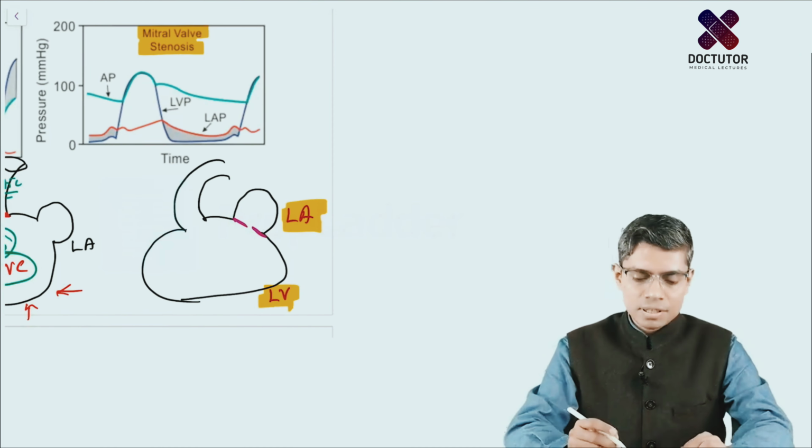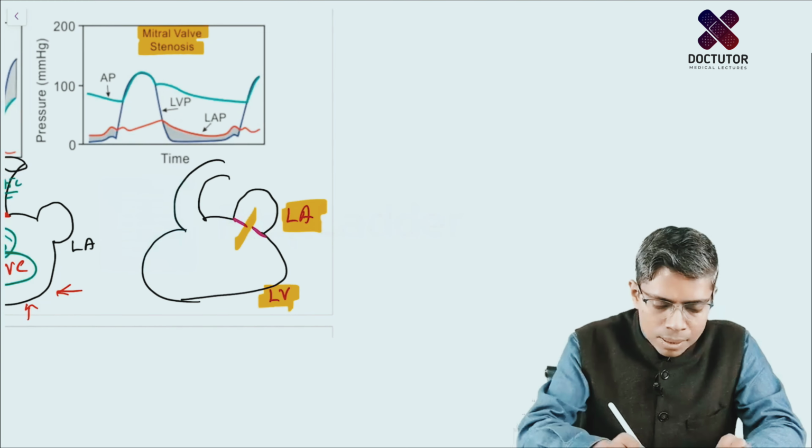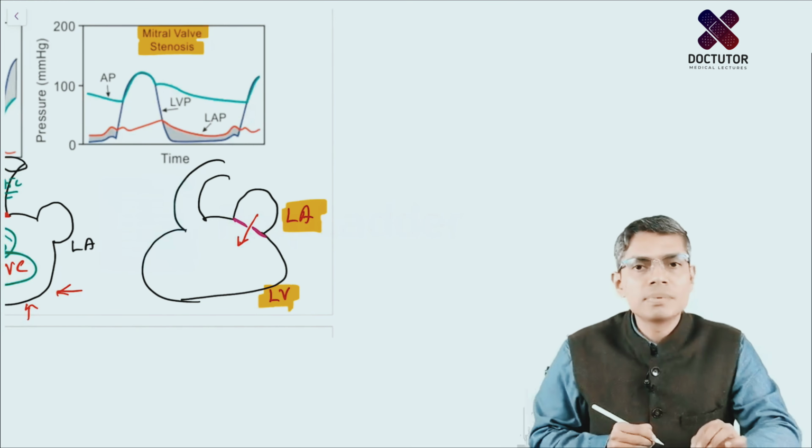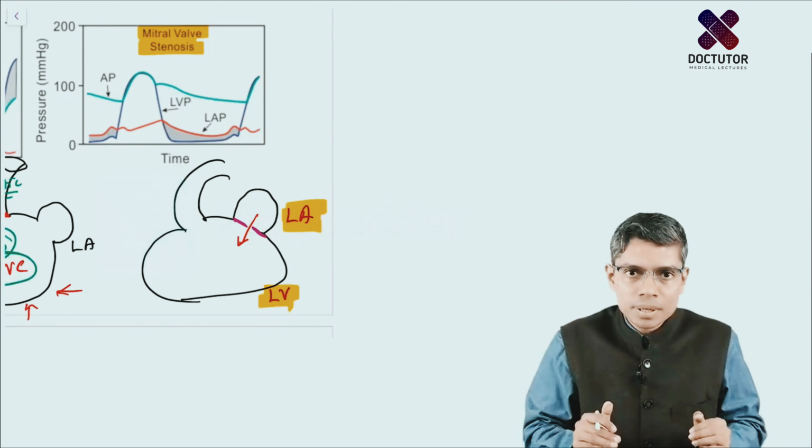Mitral valve stenosis means the blood from the left atrium will not be able to enter the ventricle easily, meaning ventricular filling will not be proper.